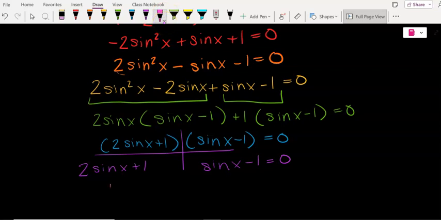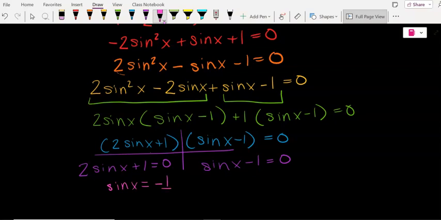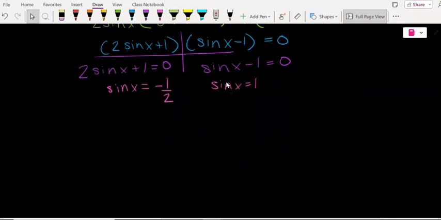So sine x equals 0, I didn't write the equals 0. So here sine x is going to be equal to, I would subtract 1 and divide by 2, so I get negative 1/2. And then over here, I would just add 1. So I have sine x equals 1. So where do those happen?